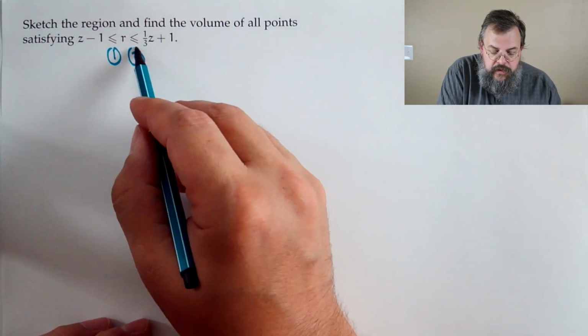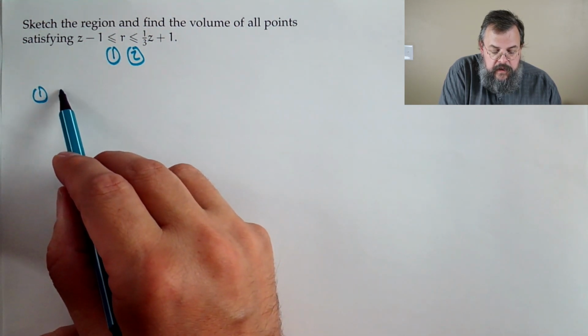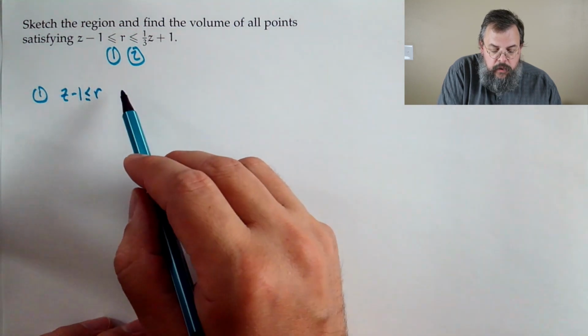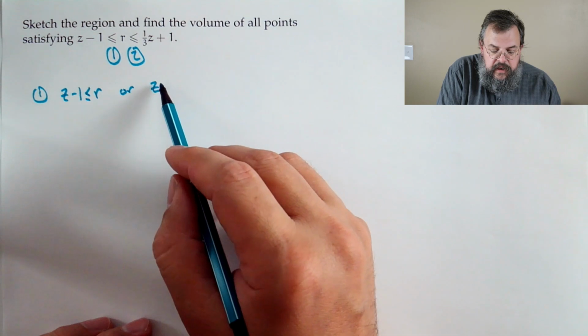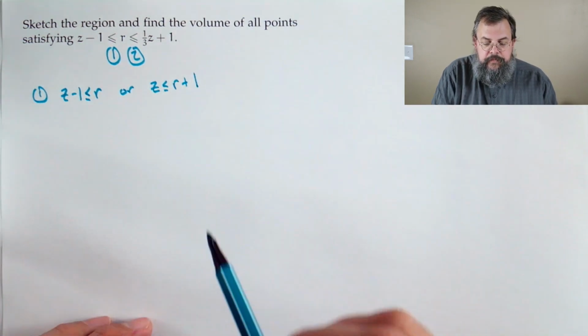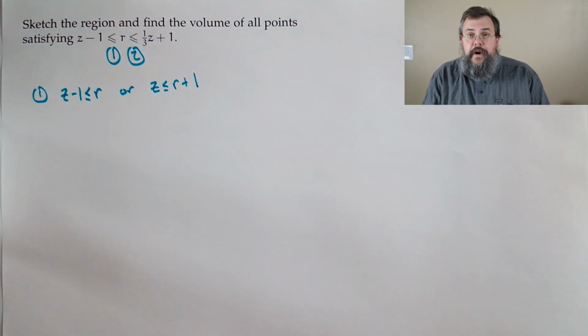We'll call this 2. So for 1, we're really saying z minus 1 is less than or equal to r, or if you like, we could say that z is less than or equal to r plus 1. All right, so that's number 1.